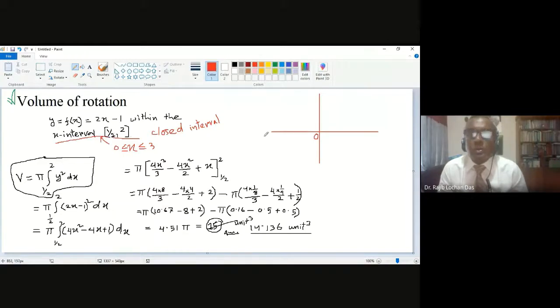Whatever the equation, that will be the same every time. The y-axis, x-axis position will not depend on that. What I want to say is, one equation is y equal to x square. So you will draw the graph.